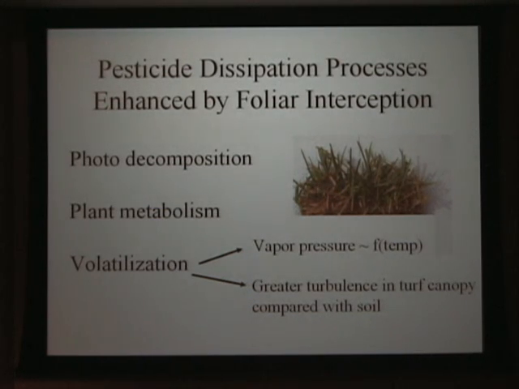And what it's been attributed to are two things. One is primarily that the temperature of the foliage is higher than the soil if you go down an inch or so. And I don't know if I buy into that idea totally, because in the case of what we've seen in data earlier today, in the turfgrass situation, you usually have a cooler surface than you do at the soil surface.